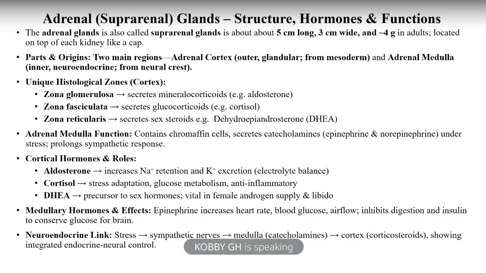So when we ask you in anatomy, what are the 2 main regions of the adrenal gland? We have the adrenal cortex and the adrenal medulla. What are the 3 subdivisions of the cortex? Then you tell us the zona glomerulosa, the zona fasciculata, and zona reticularis.